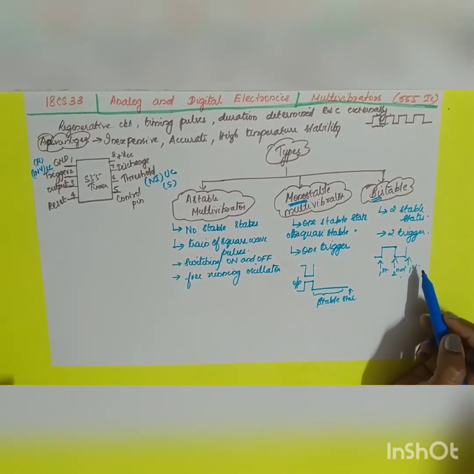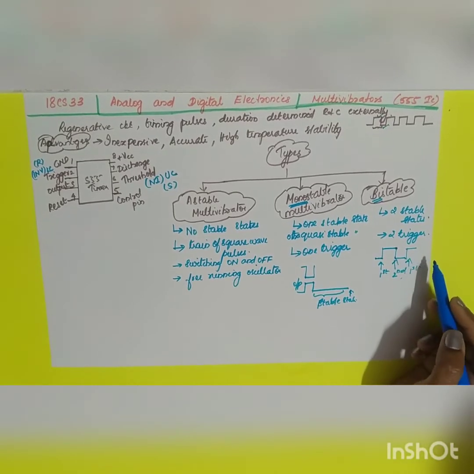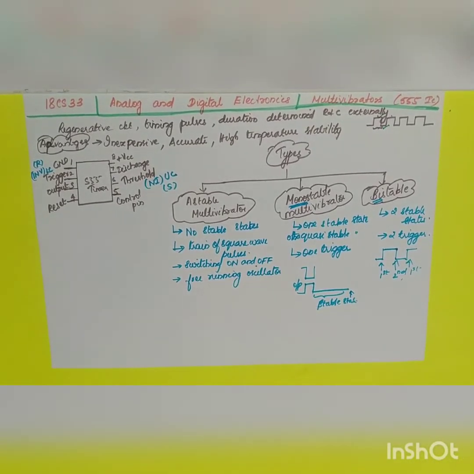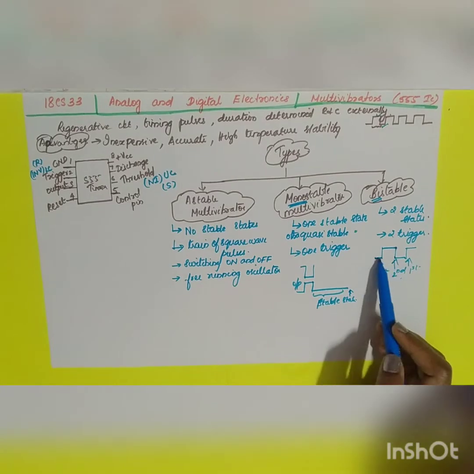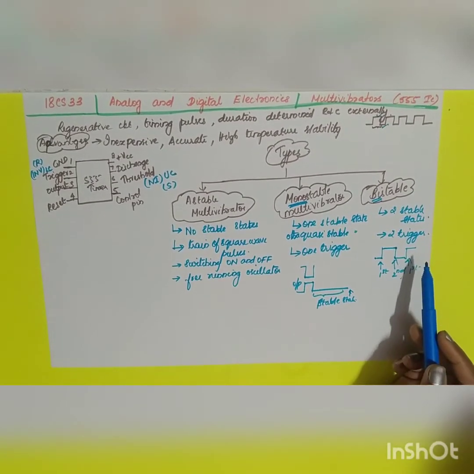So ultimately you will be using two triggering pulses. It stays permanently in one state until you apply the trigger. That is a specialty of your bistable multivibrator.